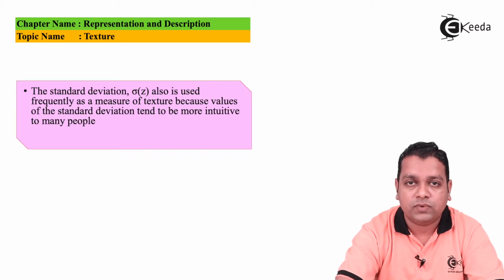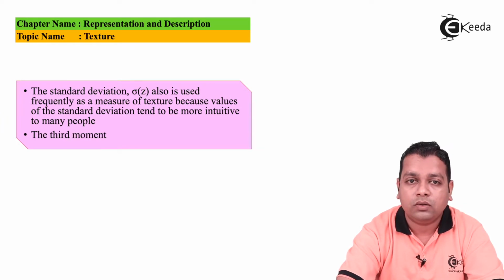The standard deviation, another parameter that can be represented as sigma as a function of z, is also used frequently as a measure of texture because the values of the standard deviation tend to be more intuitive to many people.